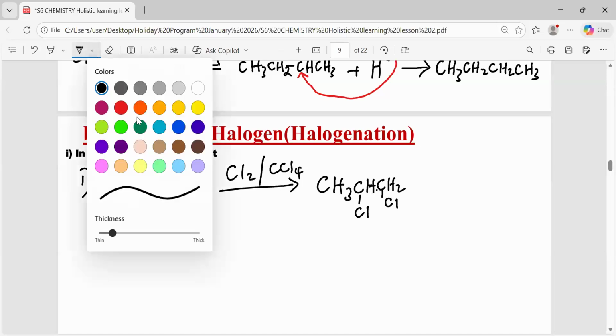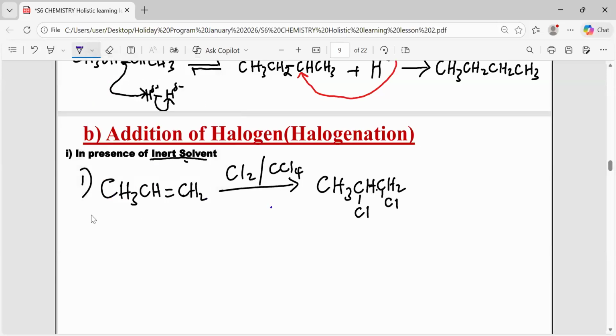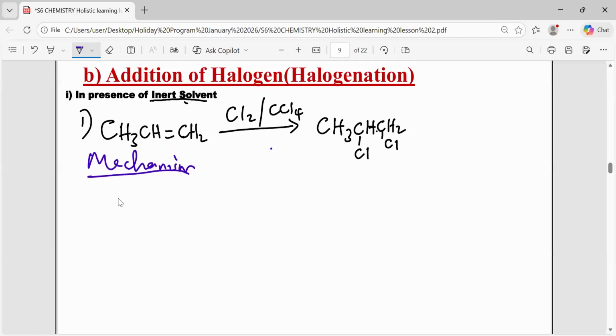That is nice. Now, without wasting much time, can you take us through the mechanism? Okay, so the inert solvent polarizes the halogen, so it dissociates into partial negative and partial positive. Let me rewrite this: propene, and chlorine with a partial positive and a partial negative.